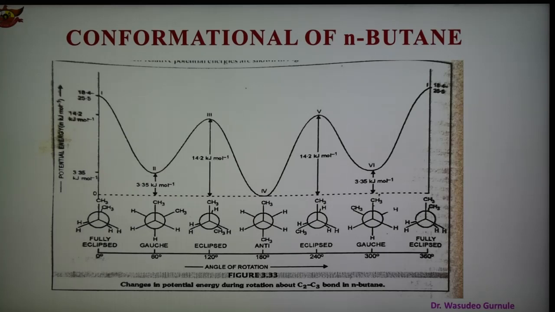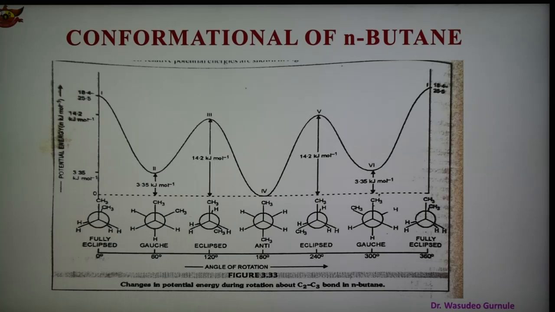As we know, fully eclipsed conformer number 1 is the least stable because it has the highest energy. This is because in this conformer there is one methyl-methyl eclipsing interaction and two weak hydrogen eclipsing interactions, and it has been found experimentally that the fully eclipsed conformation is about 18.4 kJ per mole less stable than the most stable anti-conformation.